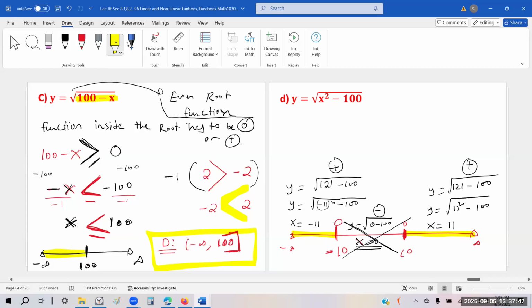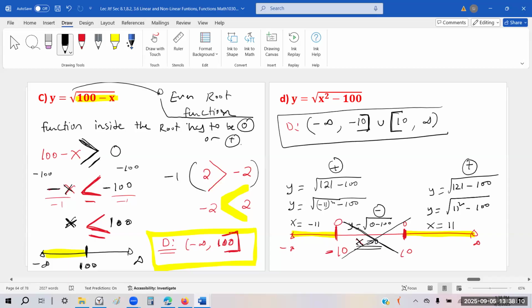So what's the domain for this function? Negative infinity until negative 10. Can you use 10, negative 10? We can. And then 10 to infinity. Negative infinity to negative 10.